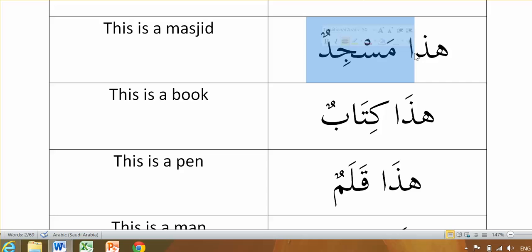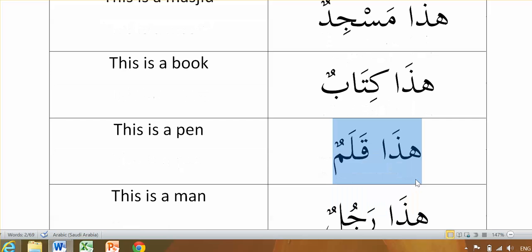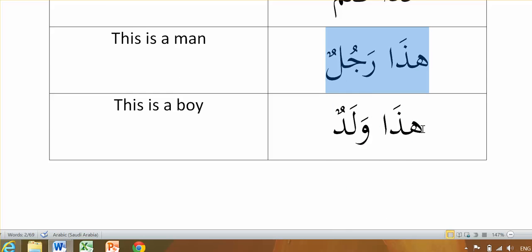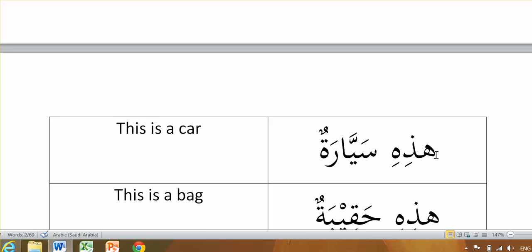This is a masjid. هذا كتاب. This is a book. هذا قلم. This is a pen. هذا رجل. This is a man. هذا ولد. This is a boy.